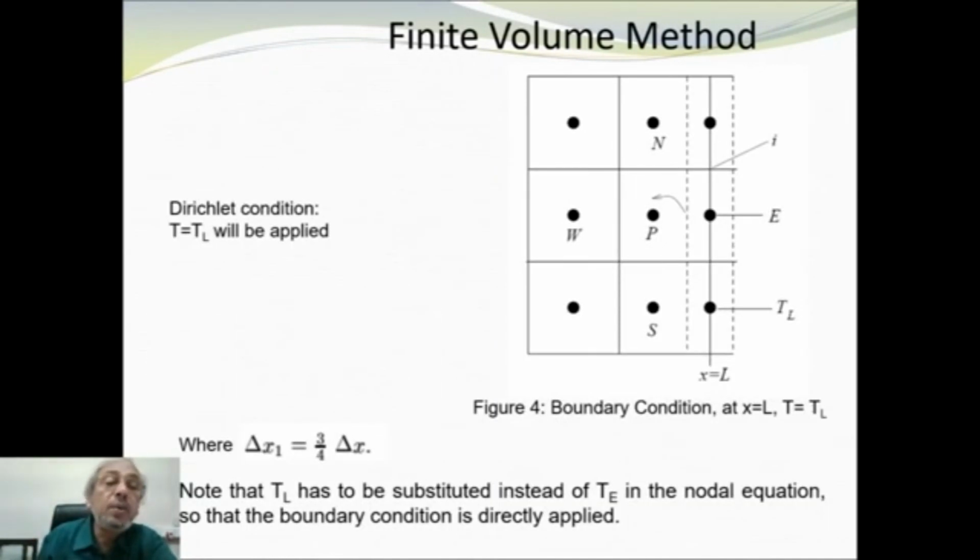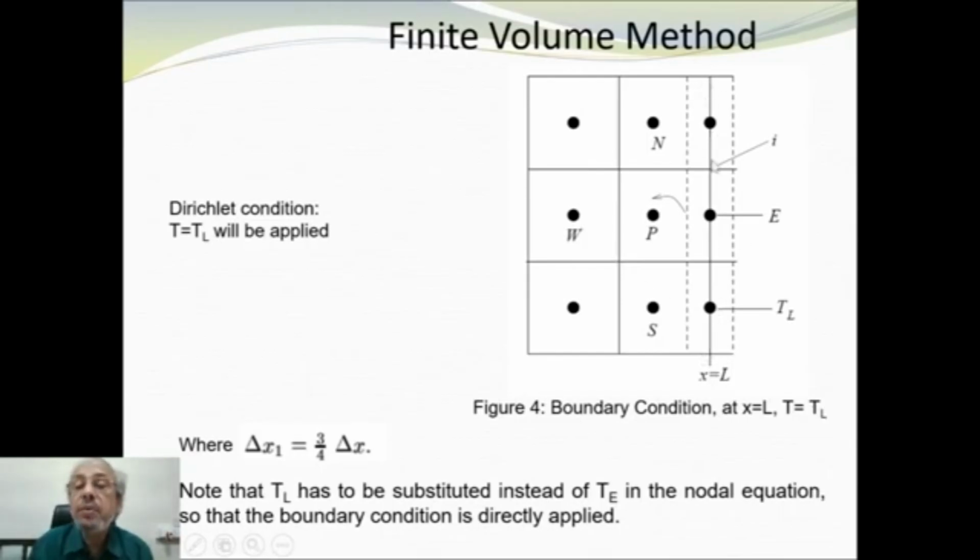Now we will go for the Dirichlet boundary condition. And we have given a typical grid distribution. Here you can see P is the point of interest, W is the western neighbor, S is the southern neighbor, N is the northern neighbor, and the boundary condition at x equal to L is known.